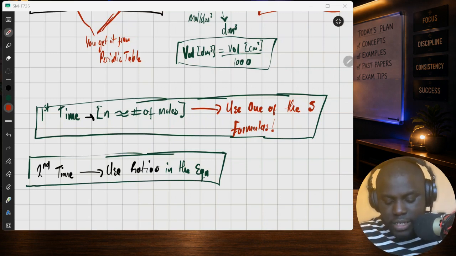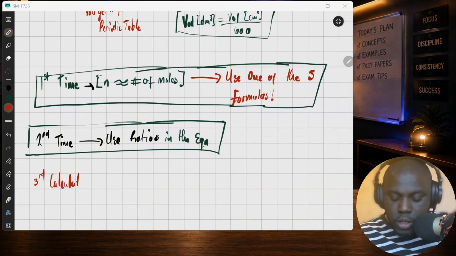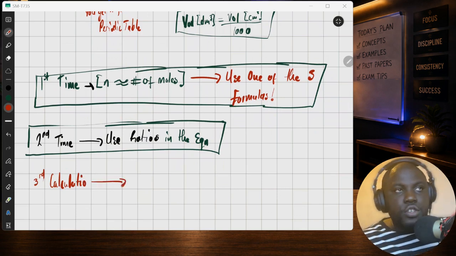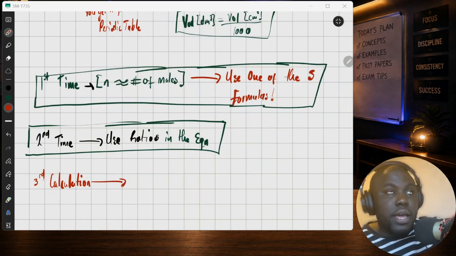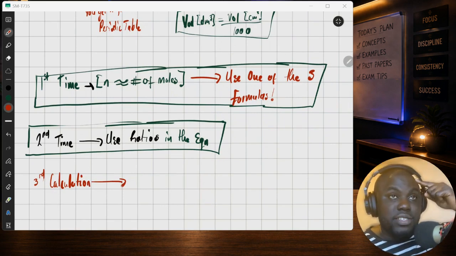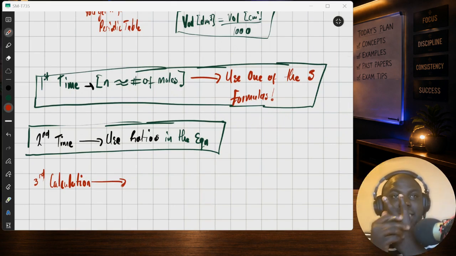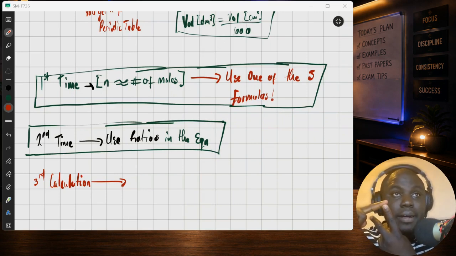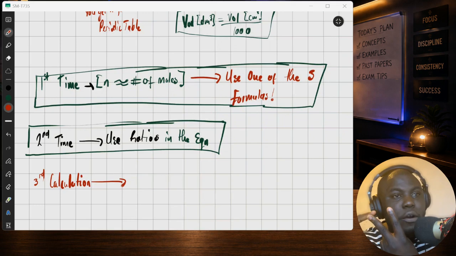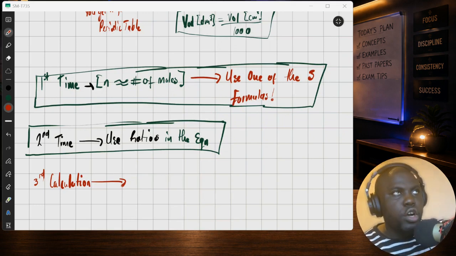Now, in the third calculation, you are going to be asked to find something that is not moles. I'm not a prophet, but I've seen it a lot, and I know it's going to happen this way. Remember, they ask you to find number of moles 2 times. The first time is a formula. The second time you find number of moles, don't use a formula, please. Don't use the 3 formulas.